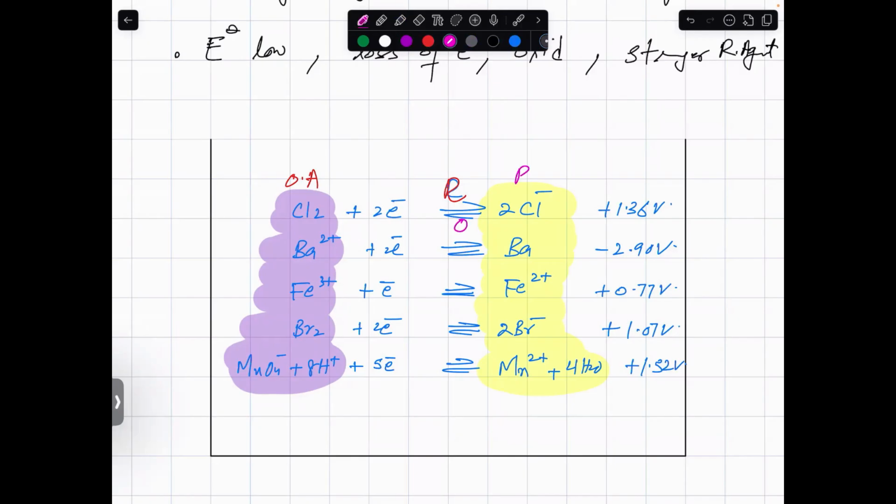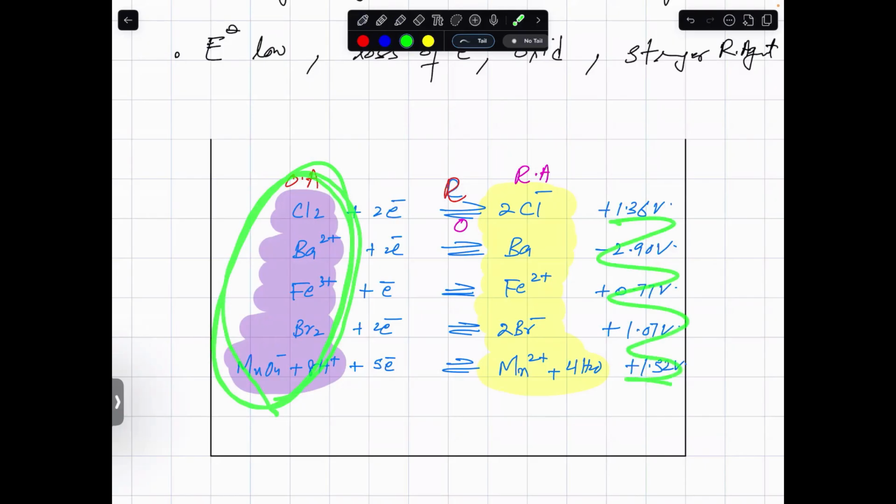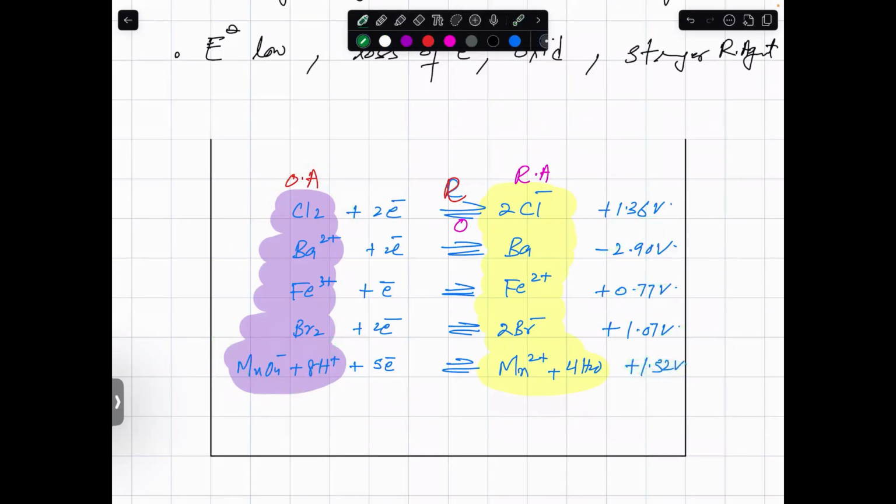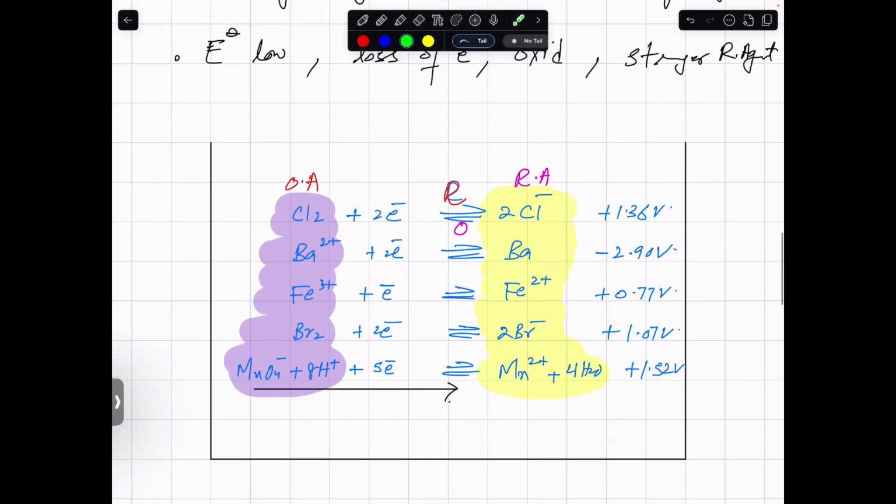They're all reducing agents. Now, which one will gain electron? The one with the larger E naught. So among these, which one has the largest E naught? MnO4. So you know what will happen? This one will gain electron and go in the forward direction. And which one among these will lose electron, with the lowest E naught, the stronger reducing agent? This is barium, it will lose electron.